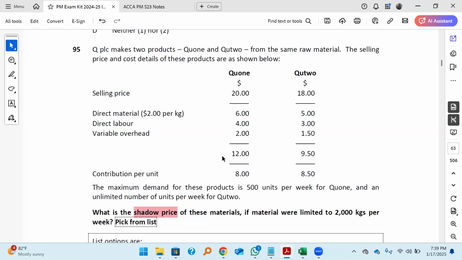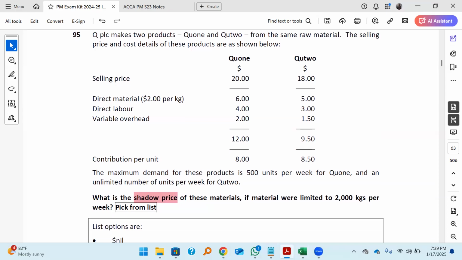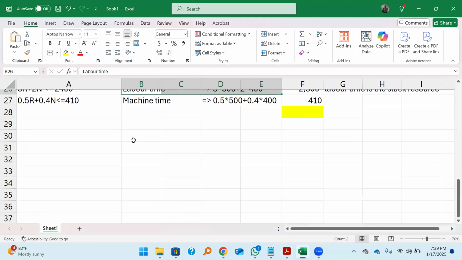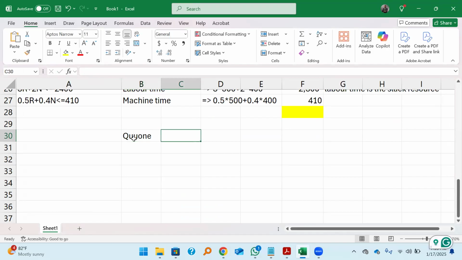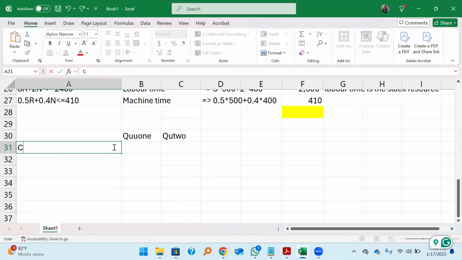So we have Q1 and Q2. If we have to first determine what is limited, we are going to have Q1 and then Q2. As we said, we have to first determine contribution by unit.